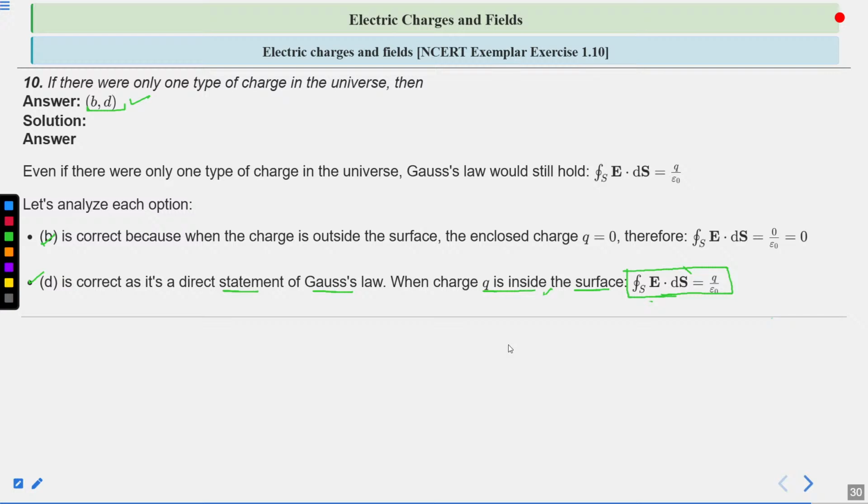Now, if you have any doubt, please ask. The answer is 201.142 newton per coulomb per meter square.